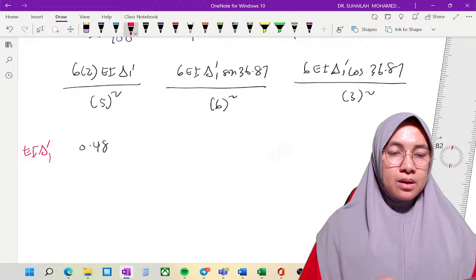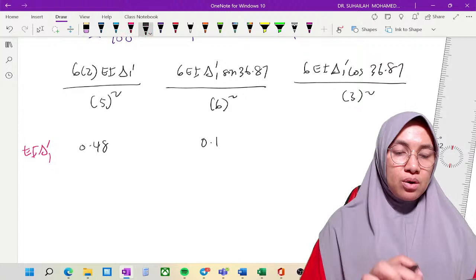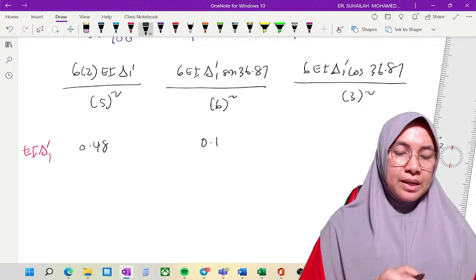And then 6 times cos 36.87 divided by 9, so it is 0.53. So we have to do interpolation.